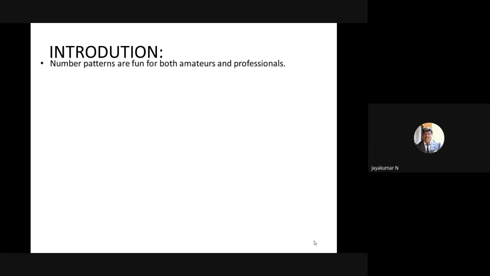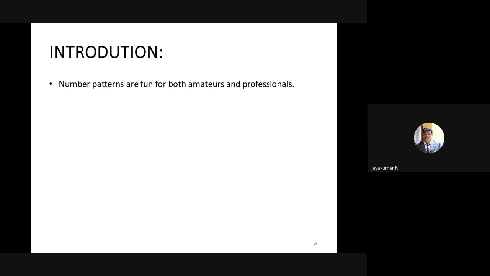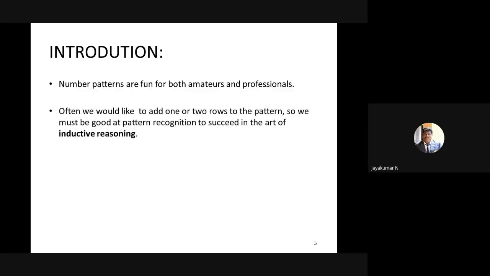Introduction: number patterns are fun for both amateurs and professionals. Often we would like to add one or two rows to the patterns. So we must be good at pattern recognition to succeed in the art of inductive reasoning. Suppose some pattern is given, you have to recognize the pattern, then only you can add one or two rows of the pattern.